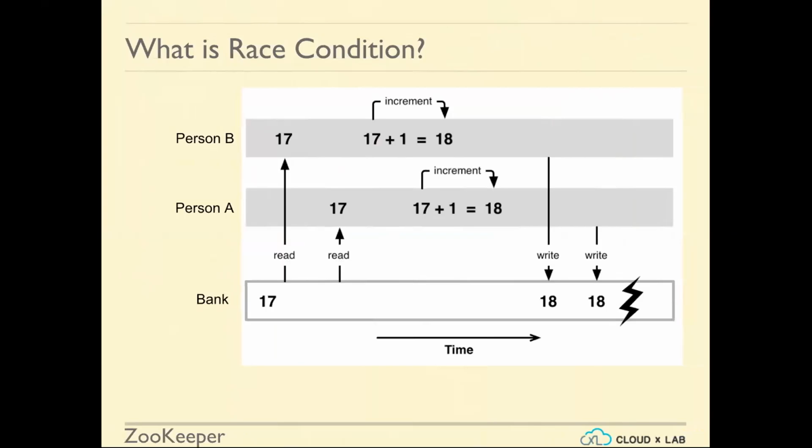Two programs, or two instances of the same program, compete with each other for the resource, and thus corrupt the data because of these kinds of inconsistencies. So does everybody understand what a race condition is? This whole scenario is called a race condition.